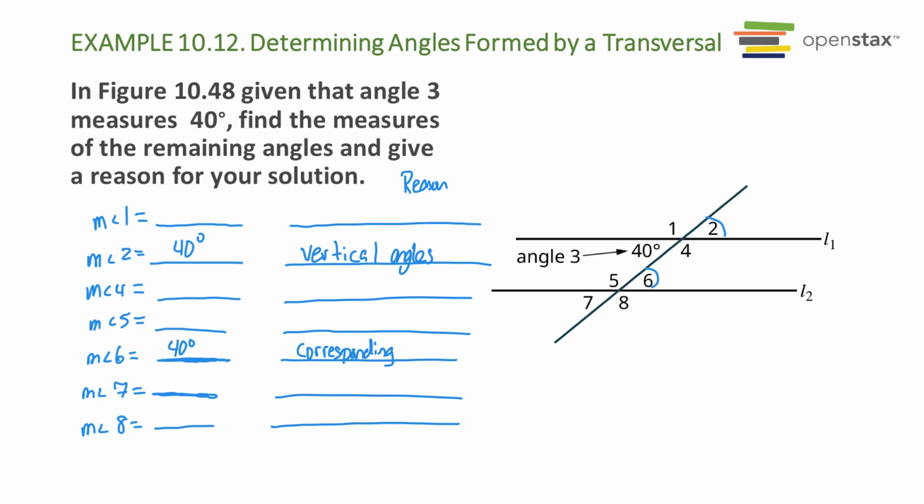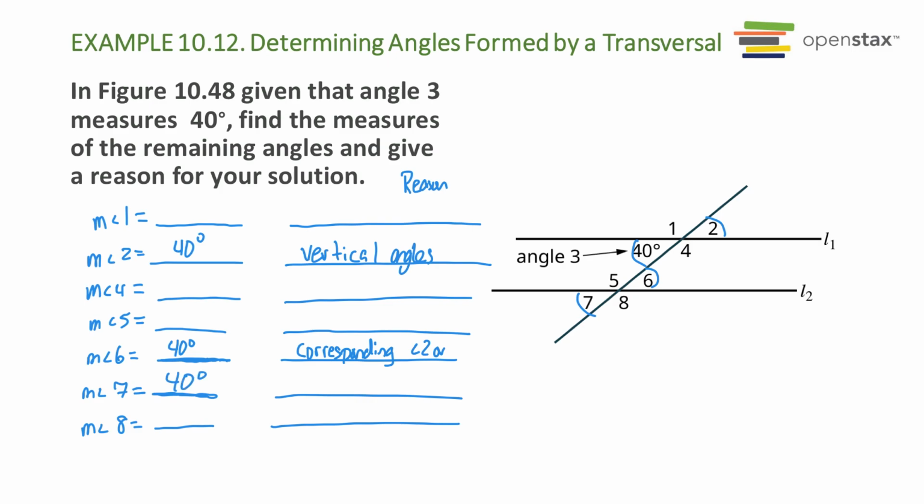You could also say it's alternate interior to angle 3. So either one of those are justifiable reasons for why angle 6 is also 40. I'm just going to go with corresponding. So 2 ways there. 7 also has 2 ways to say that 7 is 40 degrees.